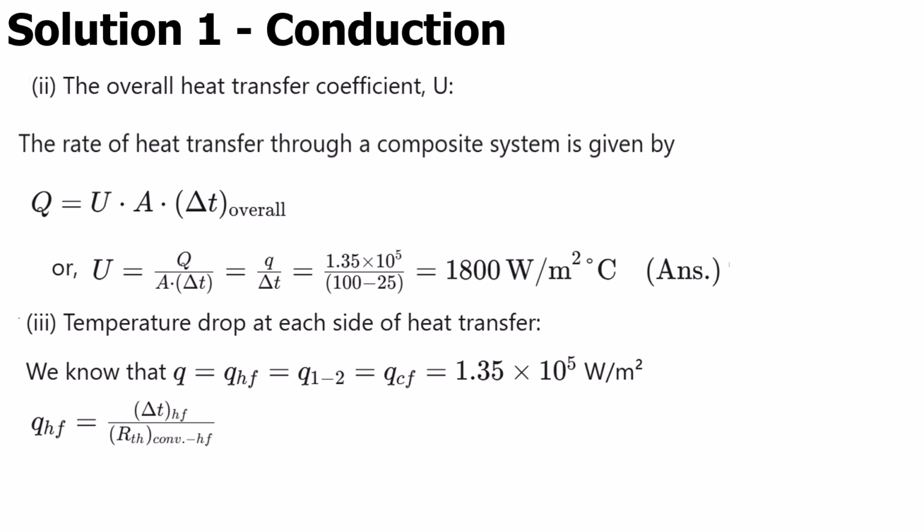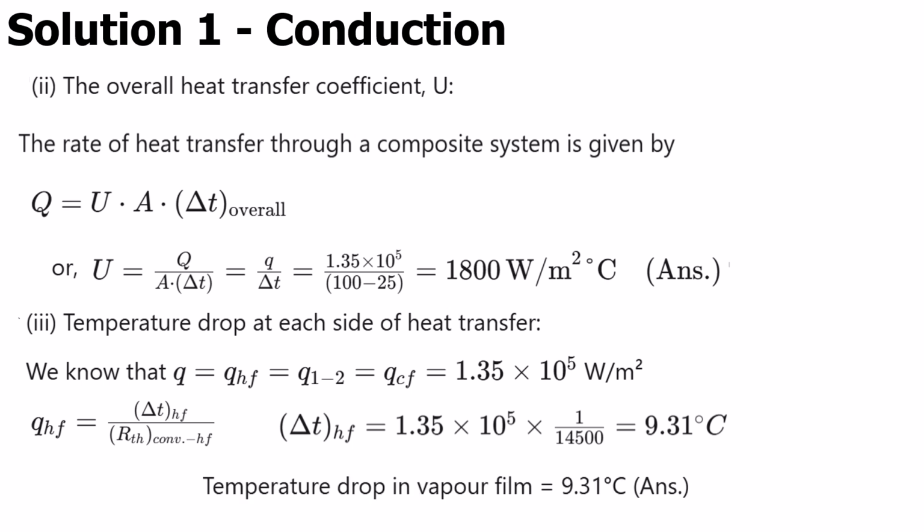Now for the temperature drop in the vapor film, denoted by delta T_HF, we use the formula Q equals delta T_HF divided by the convective resistance on the hot fluid side. Rearranging and substituting, we get the final value of the temperature drop as 9.31 degrees Celsius.